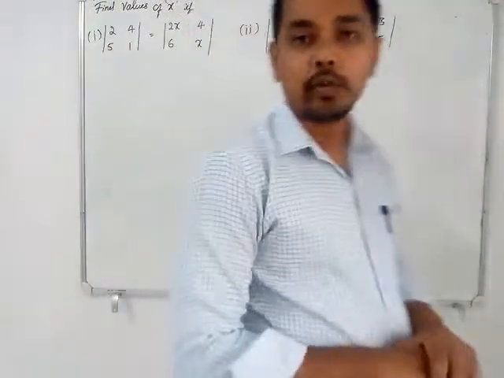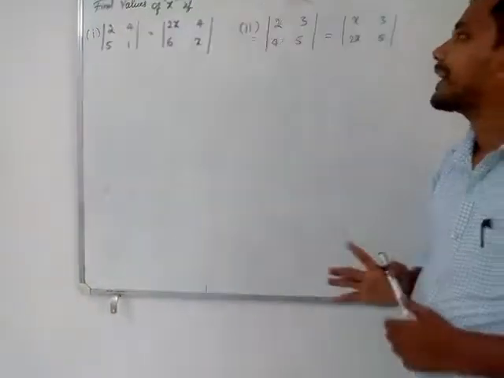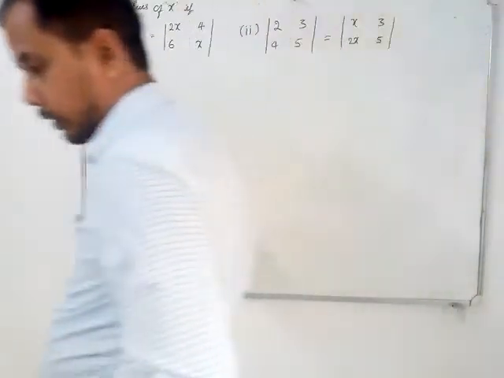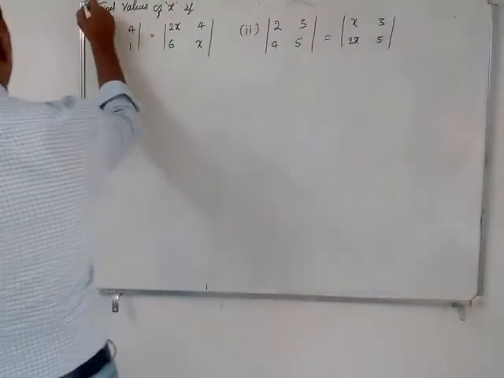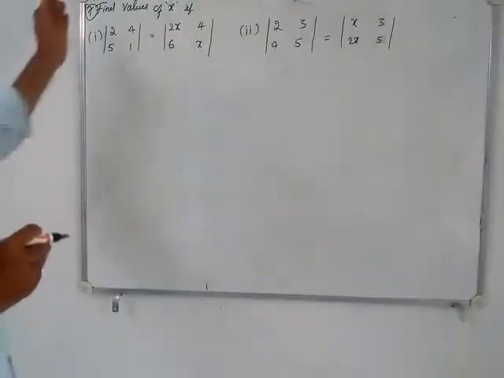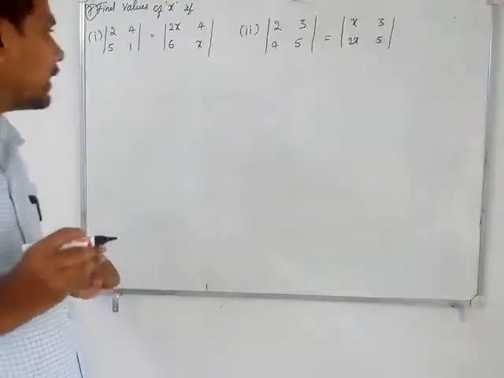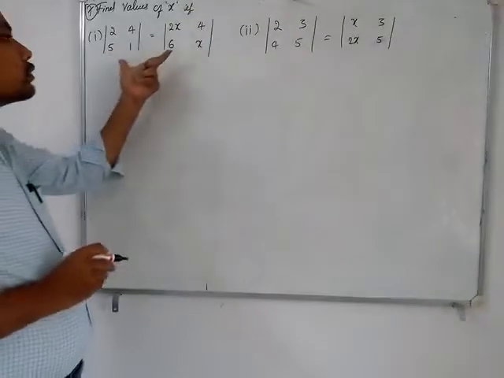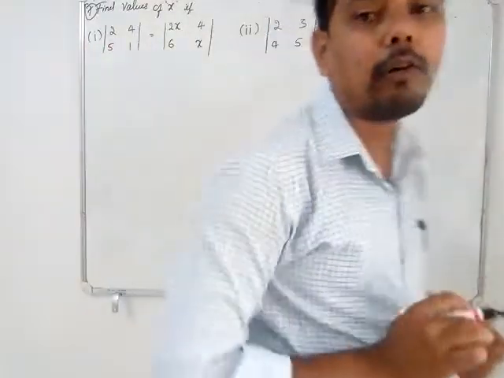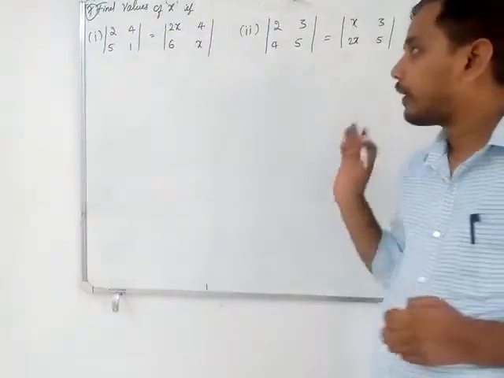So friends, let us move on to the next problem. This is the seventh one. What we should do here is find the value of x. The equation of determinants is given, so we should find the value of x. How to find the value of x?